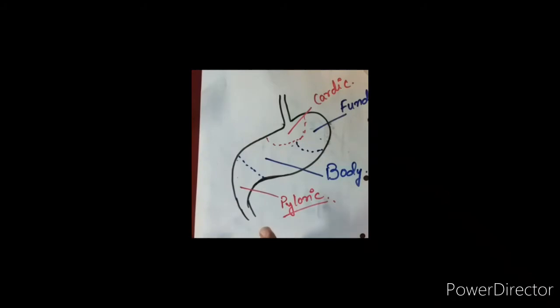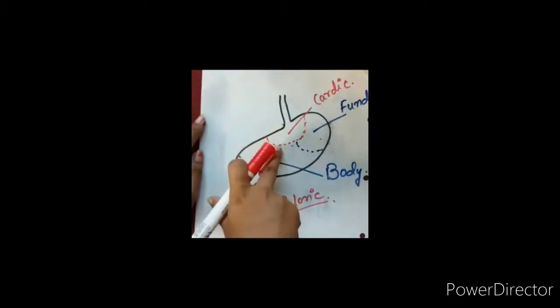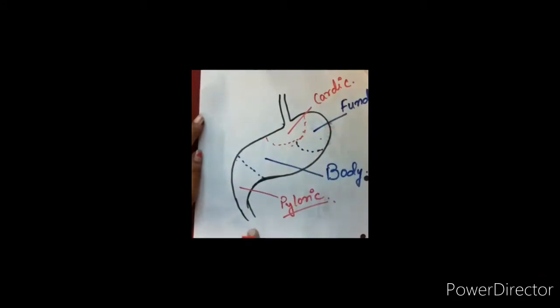Clear? Let's do a quick review. Where the esophagus opens into the stomach, it is known as cardiac. Where the stomach opens into the small intestine, that region is known as pyloric. The middle central area, which is the main area of the stomach, is known as the body.